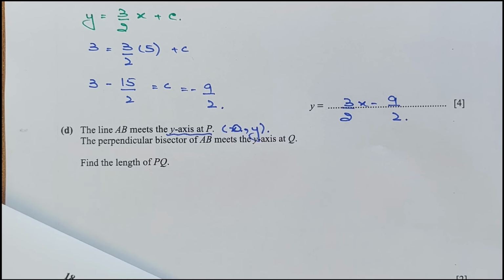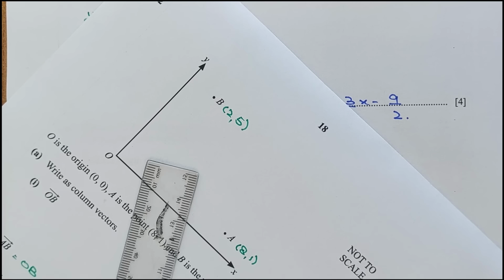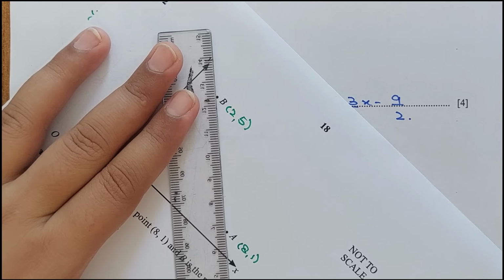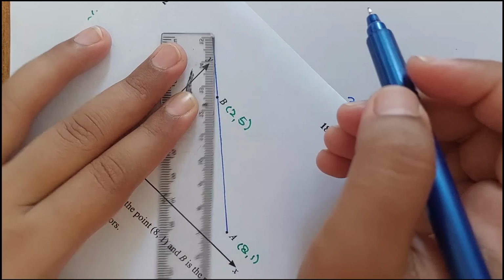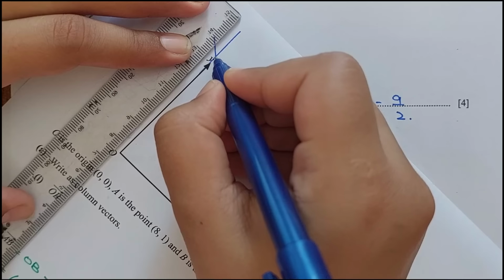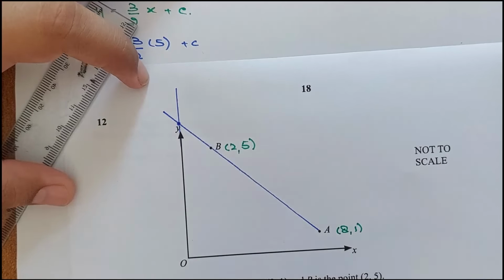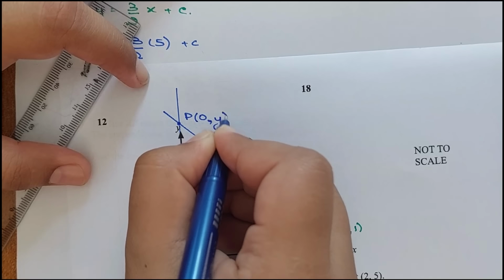Okay, let us visualize the situation. The line AB meets the y-axis at P. So let me draw this line AB. Connect A with B. This is the line AB. This is the y-axis. It meets the y-axis at point P. So at point P, x is 0, there is some y.